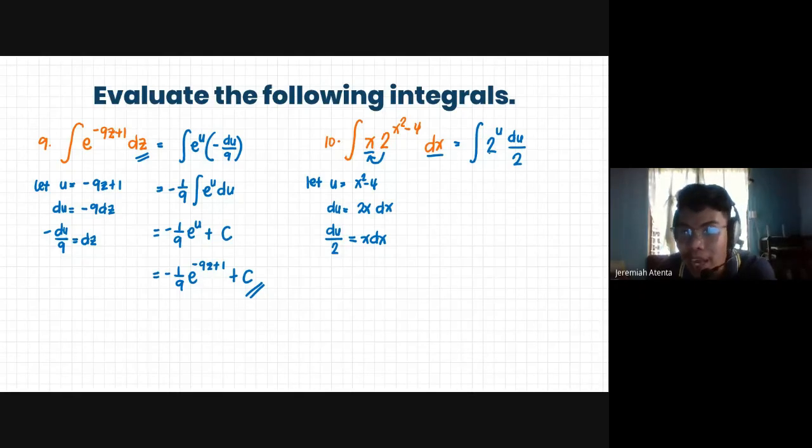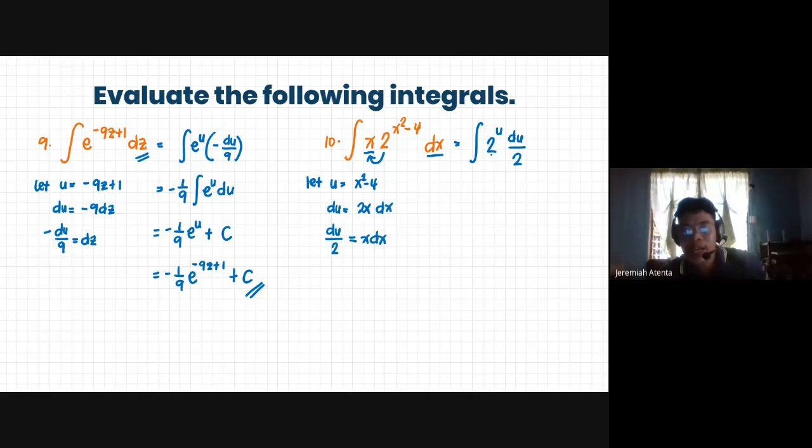Now, baka yung iba ika-cancel si 2 ha. Hindi pwede. 2 here is a base of an exponential function. Okay, so hindi siya pwedeng i-cancel. Okay? So, hindi pwede ha. Hindi talaga pwede.